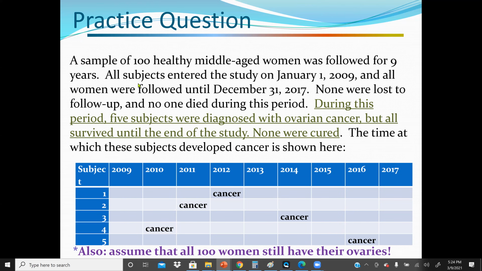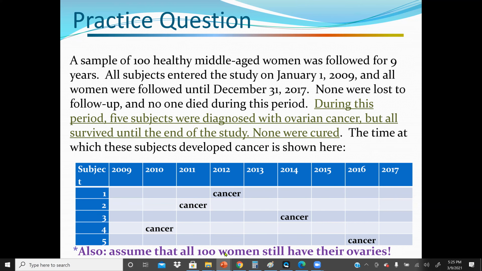Now, an example of 100 healthy middle-aged women. This is the same as the previous question we had before. We are monitoring them from 1st January 2009 to 31st December 2017. During the process, 5 of the women developed cancer.